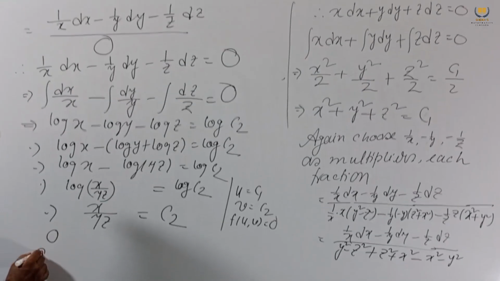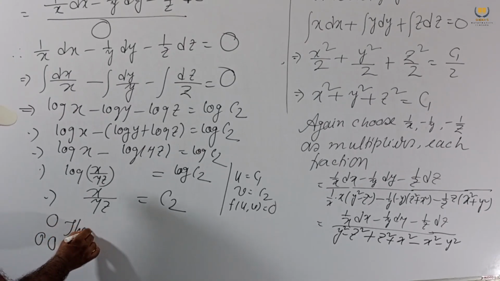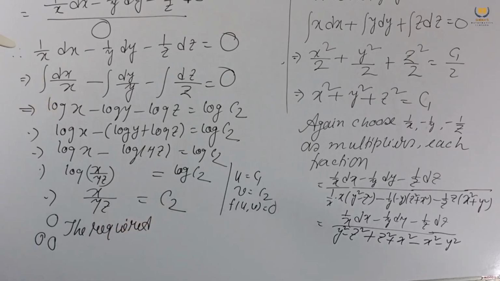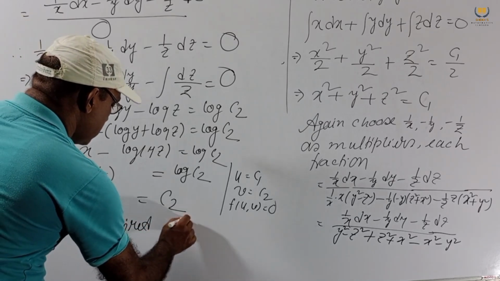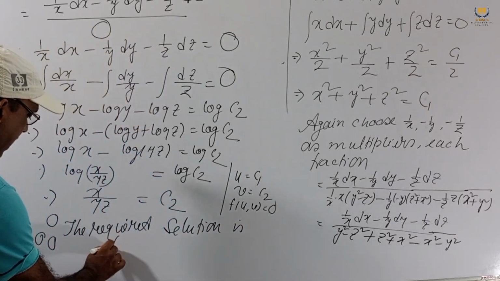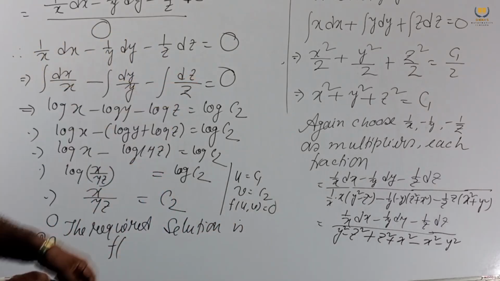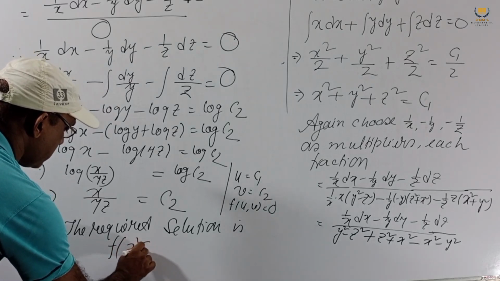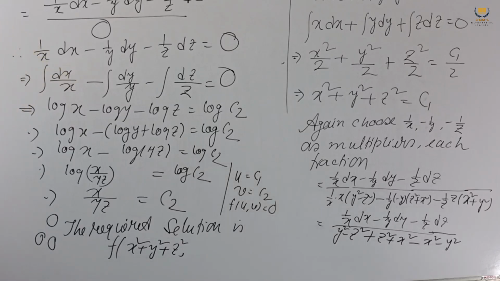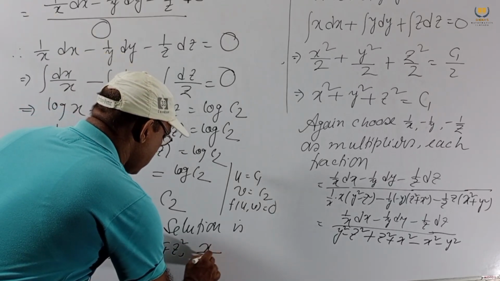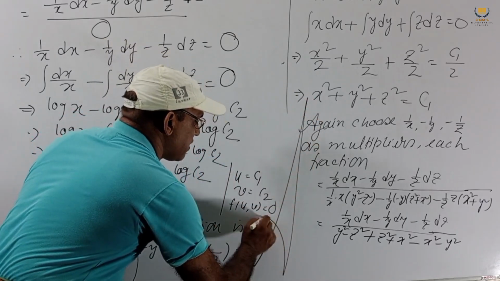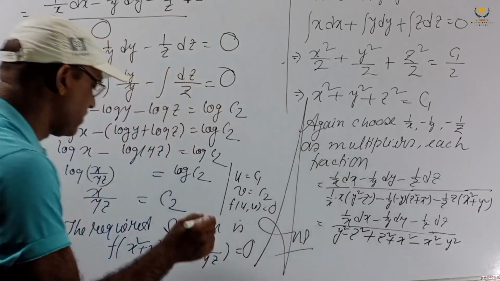Therefore, the required solution is f of x square plus y square plus z square comma x by yz equal to 0, and this is our final answer.